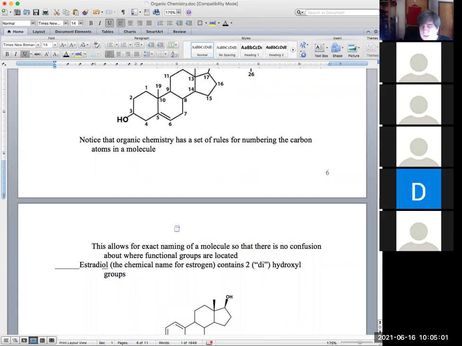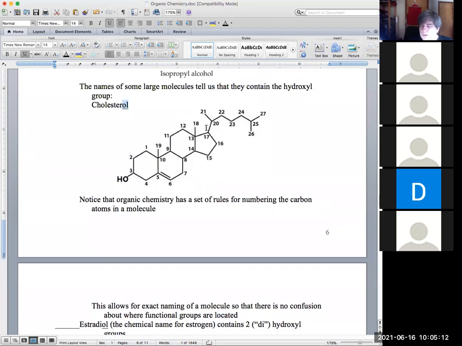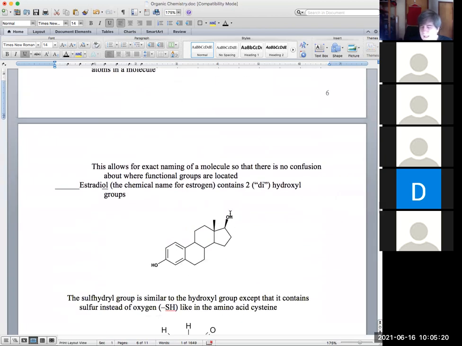There's a CH3 group coming up here at number 19. That CH3 group is gone here. And if we look up here where this OH is, notice that there was a big branch chain of carbons here, number 20, 21, 22, all the way to 27. And here we just have an OH group.